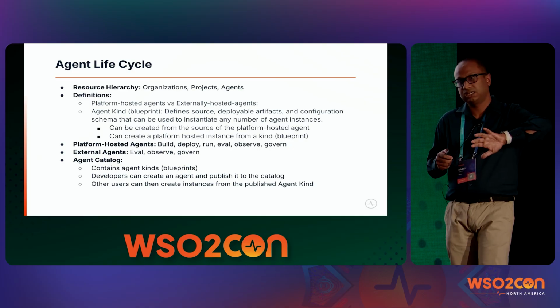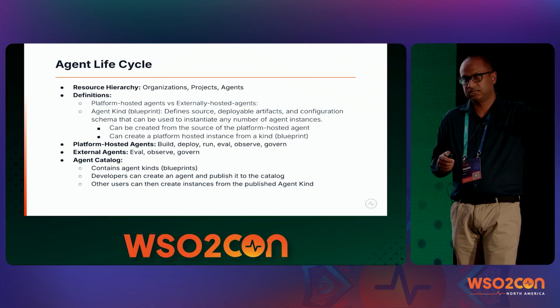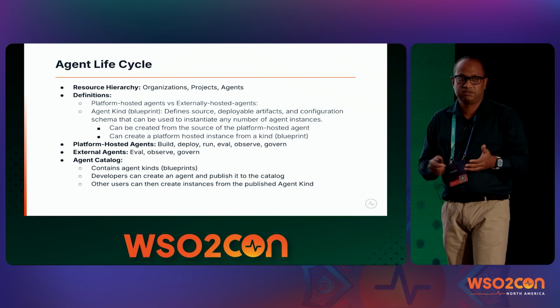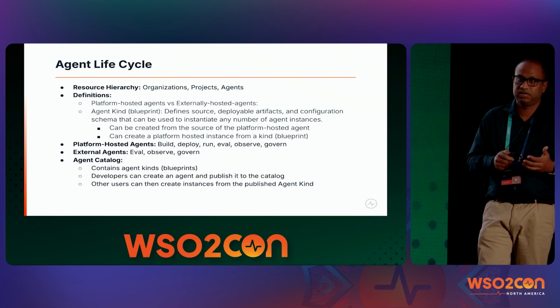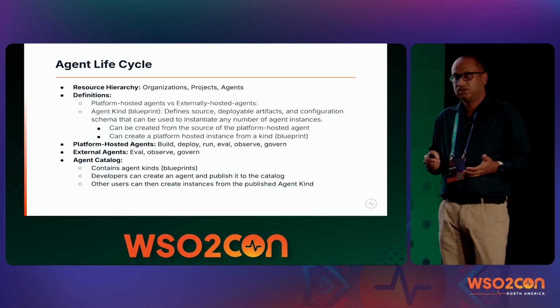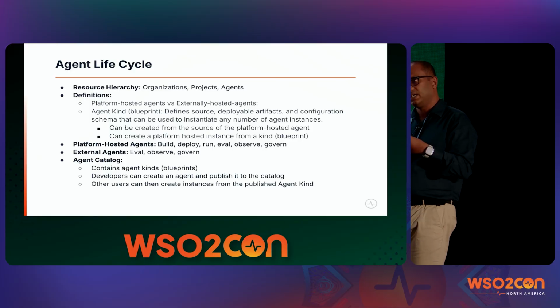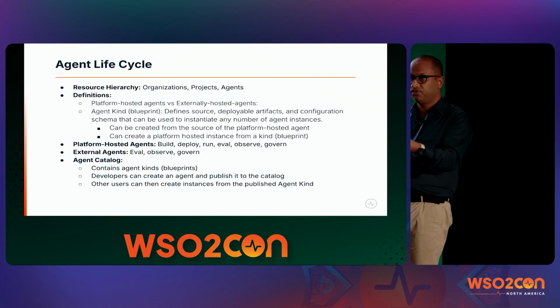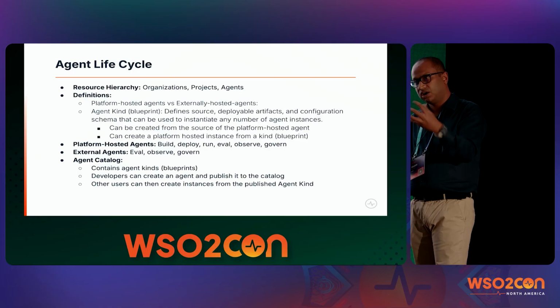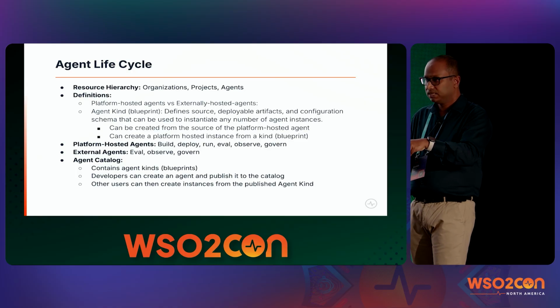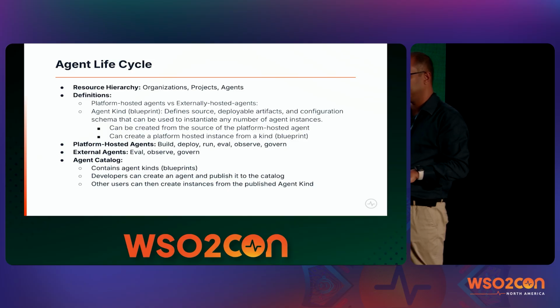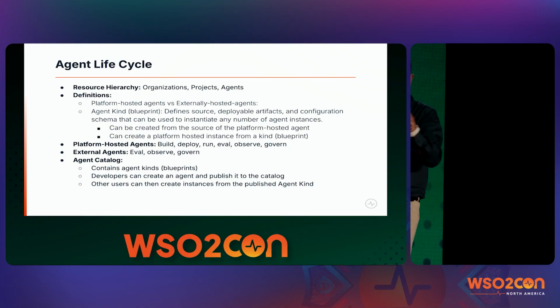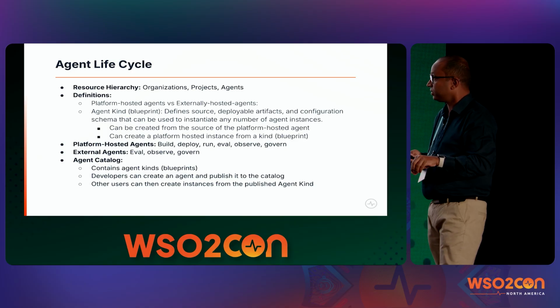These agents are running outside, right? For example, you might have an agent that is running on a GitHub workflow, and we can connect and manage that agent. You cannot give the full capabilities because it's running outside the Agent Manager, but you can give certain capabilities, right? Again, we will demo that part.